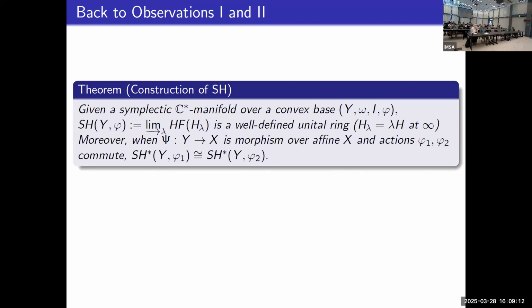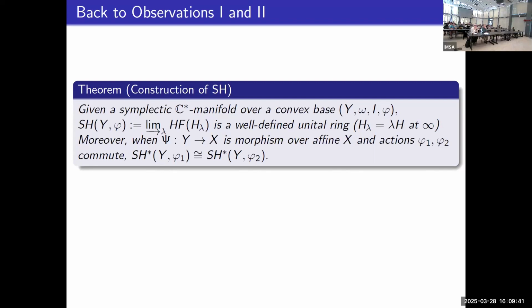Whenever you have the setup from the previous slide, these Floer cohomologies are well defined because of the maximum principle, for Hamiltonians which are linear with respect to the moment map. I told you in C^n you had a moment map which was the same as the radial coordinate. Now there's no more radial coordinate, but then you have a moment map by definition or by assumption. And then you can get this invariant, symplectic homology.